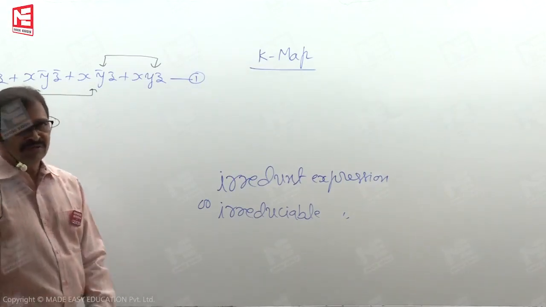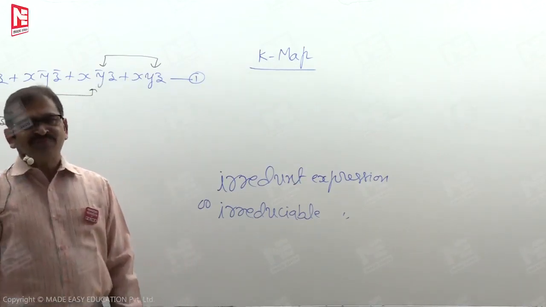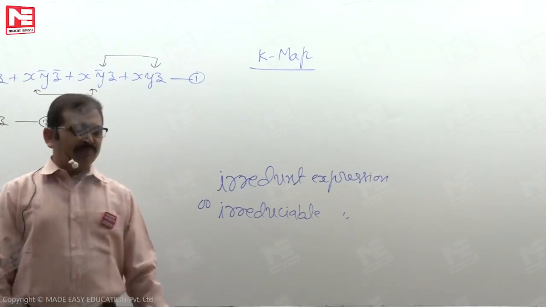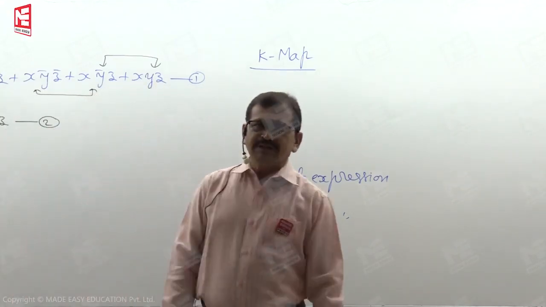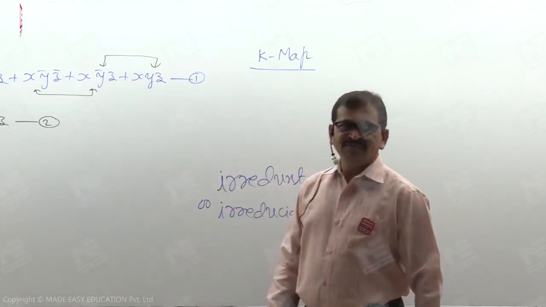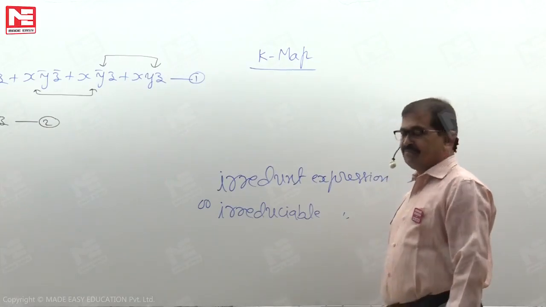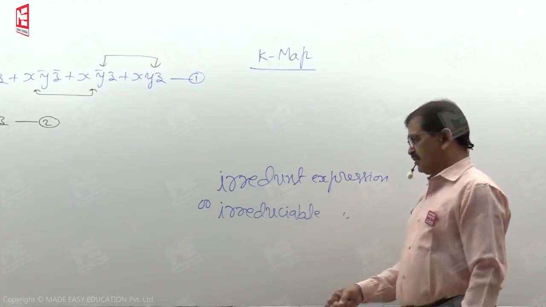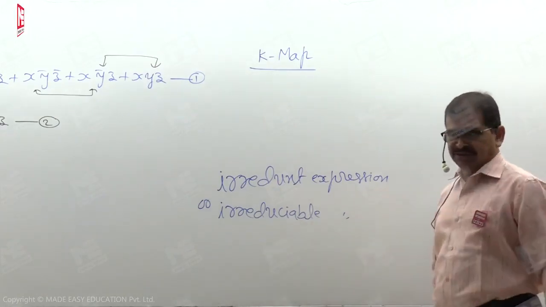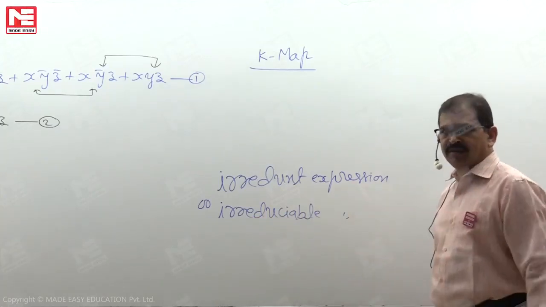So better note down: the expression which is not possible to simplify any further is called an irredundant expression or irreducible expression.